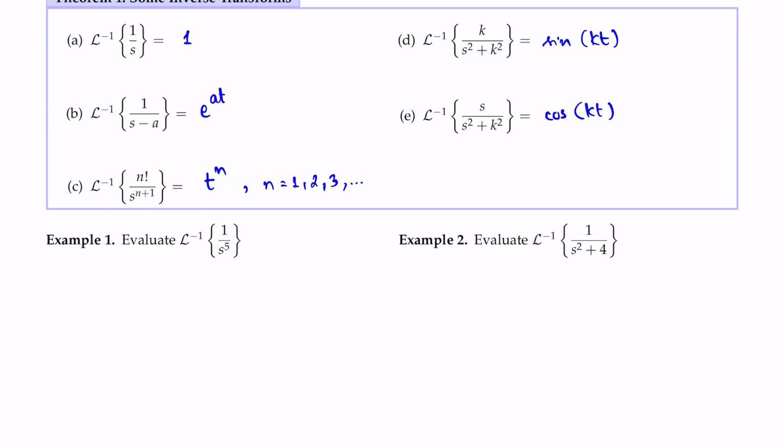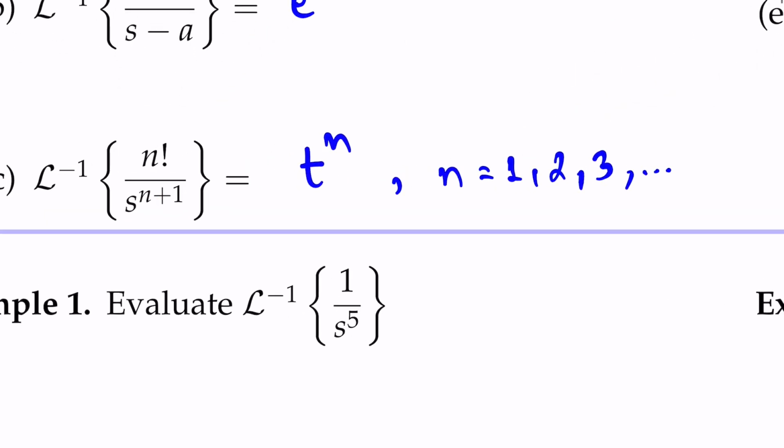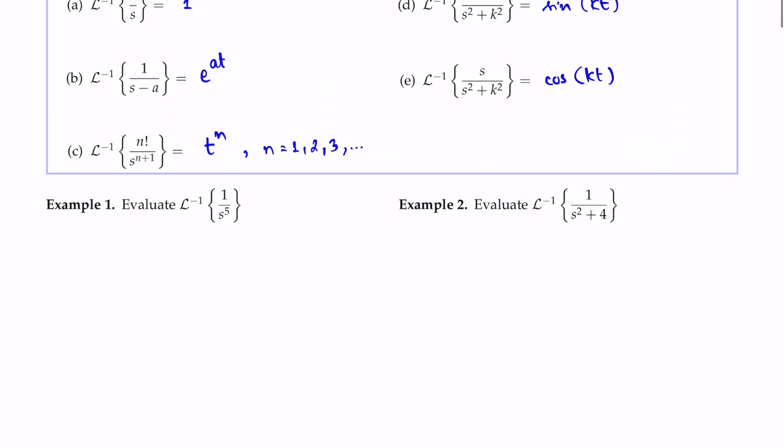So this is 1 over s to the 5th power, that is n plus 1, so n is equal to 4 in this case. So you can rewrite this inverse Laplace transform of 1 over s to the 5th power as follows. This is the inverse Laplace transform of 1 over s to the power of 4 plus 1. I just tried to mimic the formula that I got here.